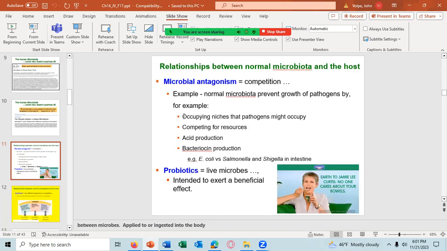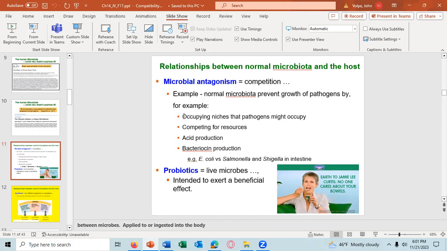All right, let's talk about the relationship between the normal microbiota and the host. The normal microbiota can help the host. For one thing, the normal microbiota can engage in microbial antagonism with a human pathogen. Microbial antagonism is where the two compete for resources and space with each other.